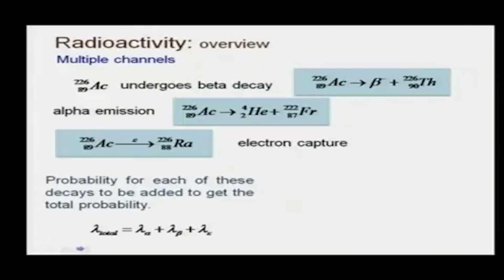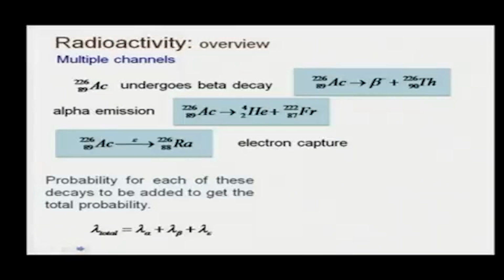That means you add lambda alpha, which is the probability per unit time of alpha decay of actinium, add the probability of beta decay of actinium, lambda beta, and add the probability of electron capture, lambda epsilon, of the actinium.